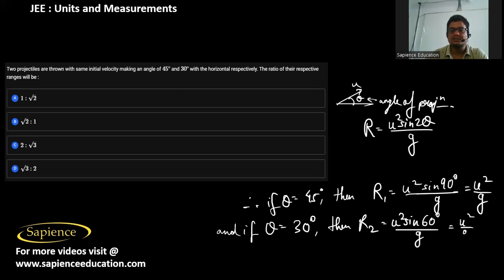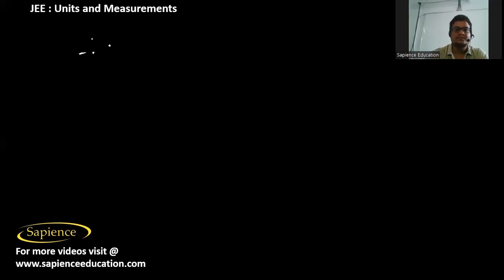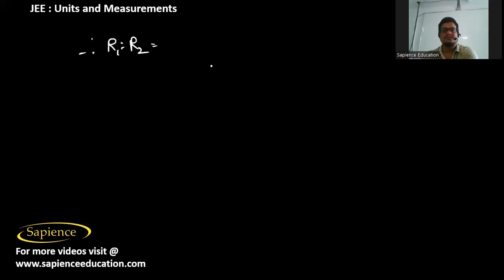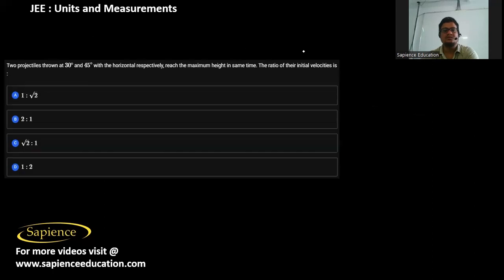So that will be u square by g into root 3 by 2. Therefore, R1 is to R2 is u square by g to root 3 u square by 2g. U square by g will cancel. So this is 2 is to root 3.